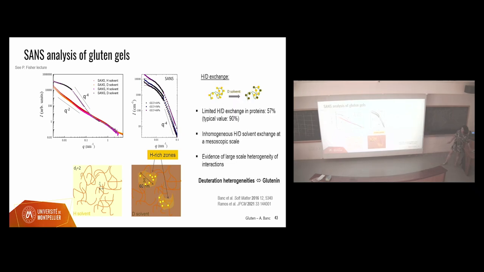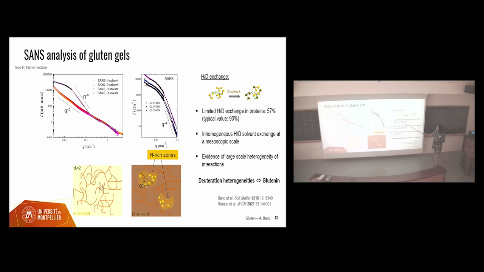We can understand this if we consider that when you mix a hydrogenated protein in a deuterated solvent, there will be an exchange between deuterium of the solvent and hydrogen of some residues. You can have a deuteration of your protein that will not be total. It will depend on the accessibility of protons.